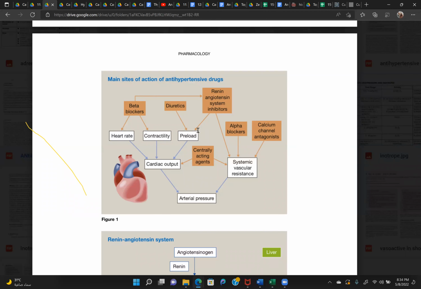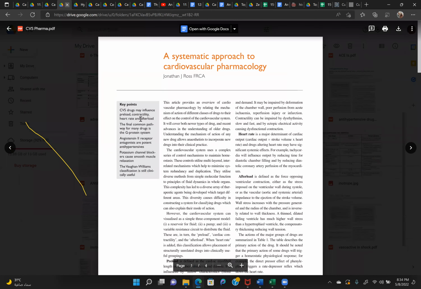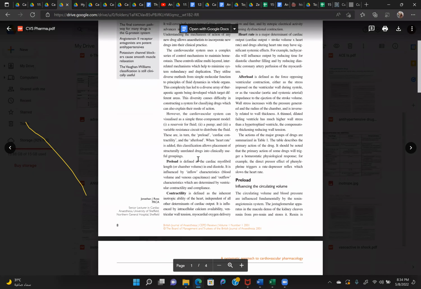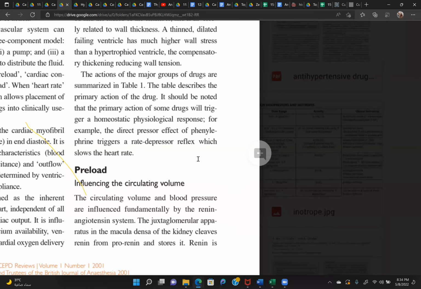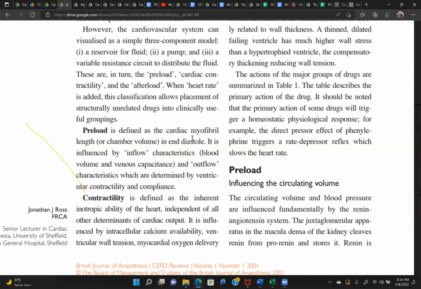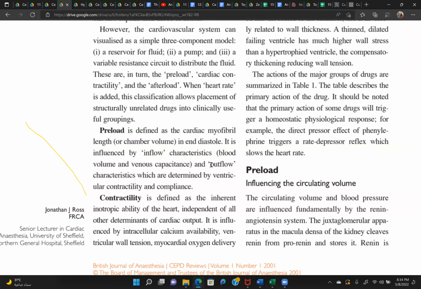By the way, what is preload? Can someone explain what is preload? Preload is the volume in the veins, basically the volume that comes before the heart.